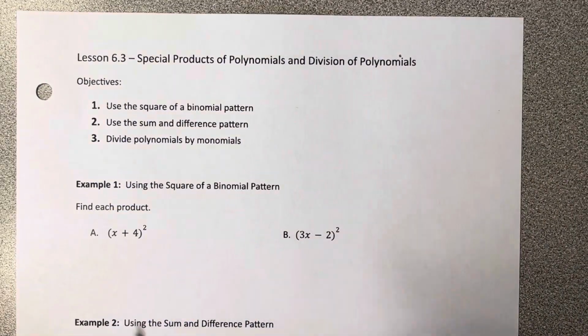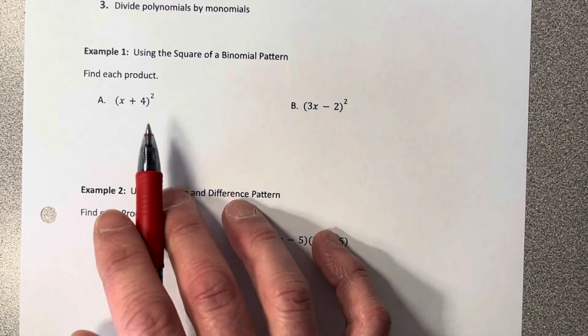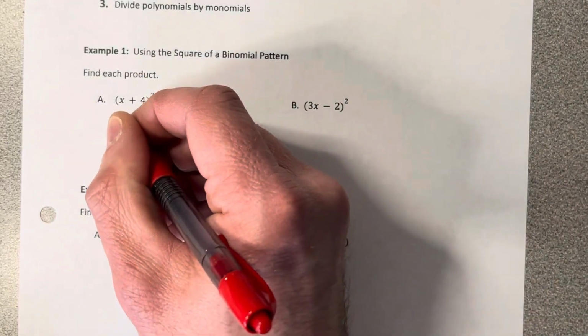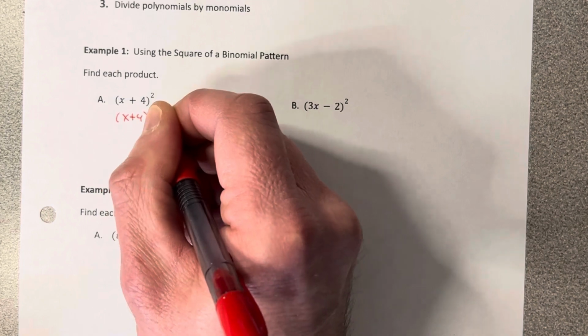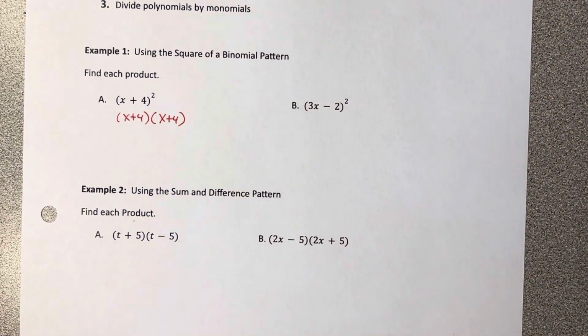I think I'll start down here with showing you how to do this without a pattern. So without a pattern, you're just going to write this twice: x plus 4 times x plus 4. That's the definition of squaring, you multiply it by itself.